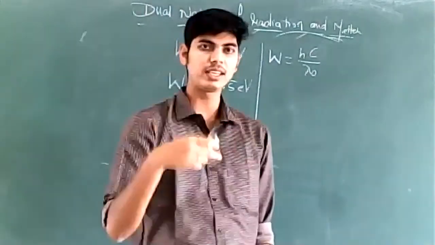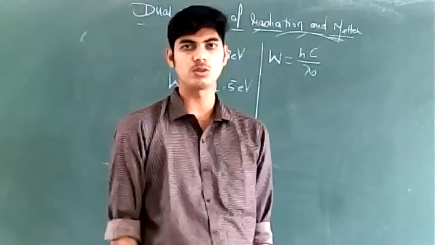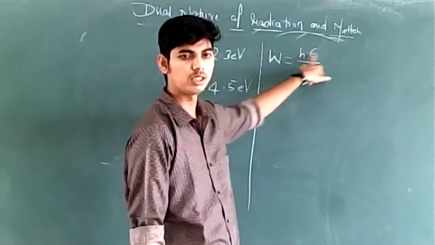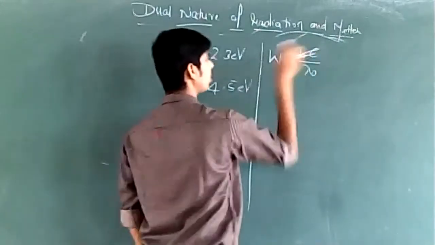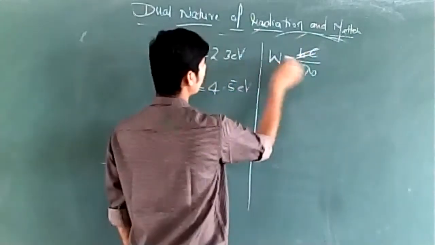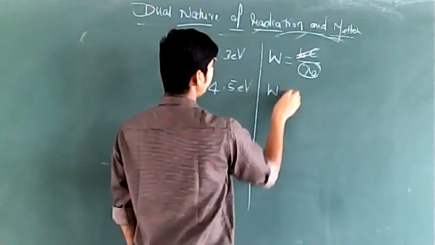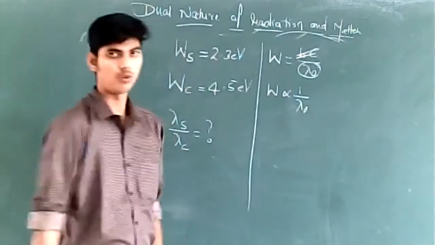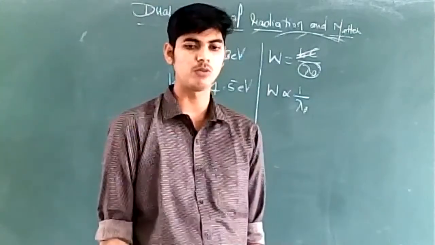If you are taking the ratio, h and c are constants, so they cancel out. So how is work function related to threshold wavelength? Work function is inversely proportional to threshold wavelength. Work function of any metal is inversely proportional to its threshold wavelength.